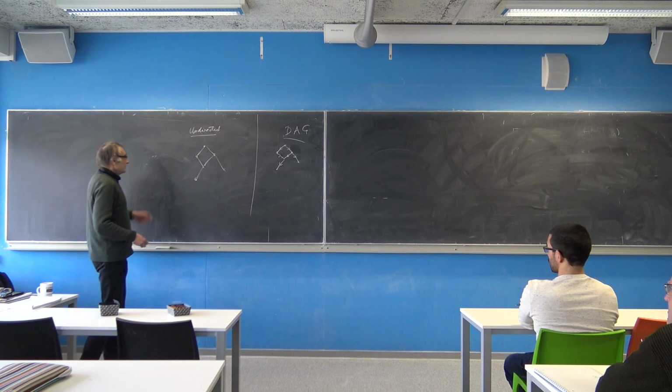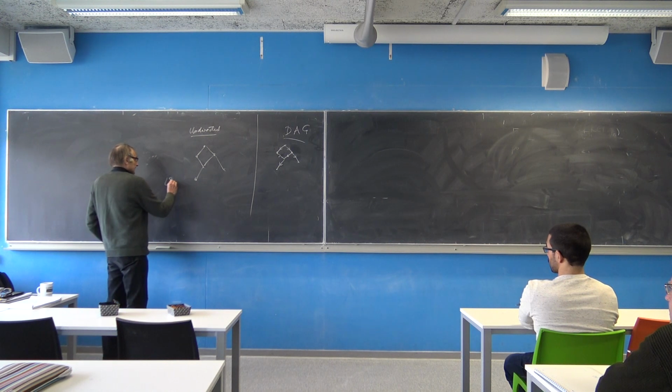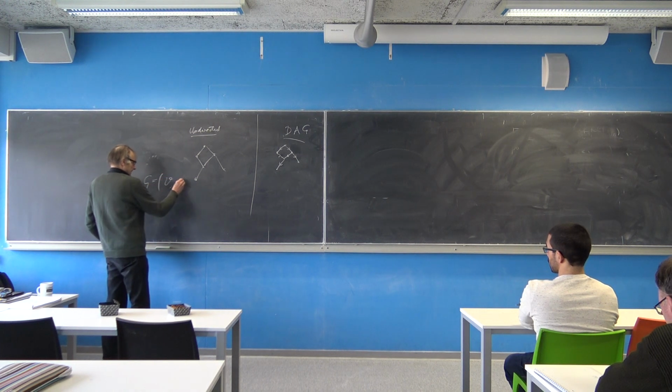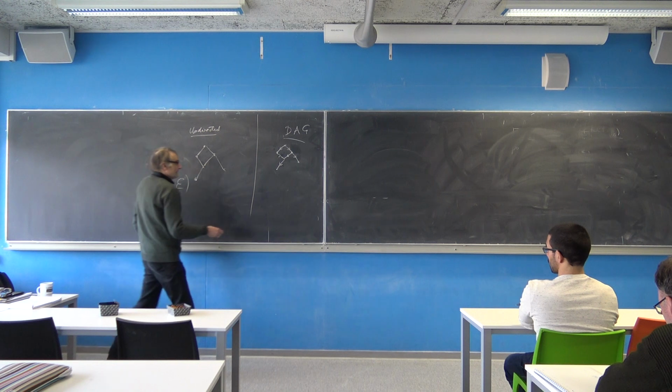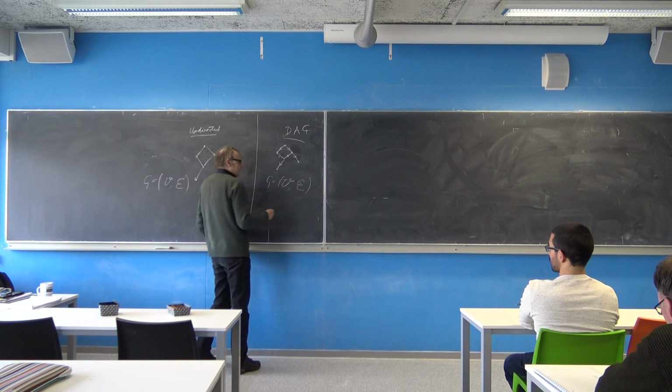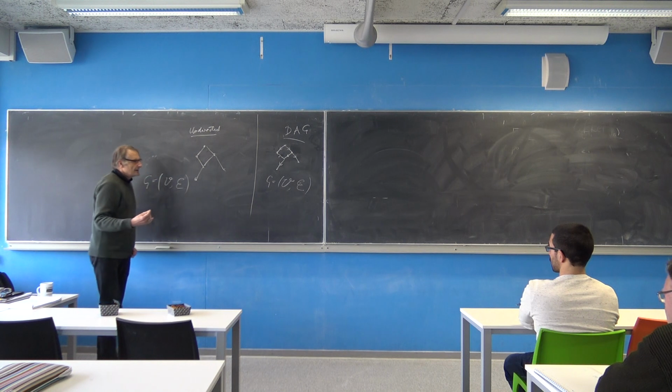Here we have some vertices, and we have a graph, and so it has some vertices, and it has some edges, and here's another graph which has vertices. Well, M has directed edges.